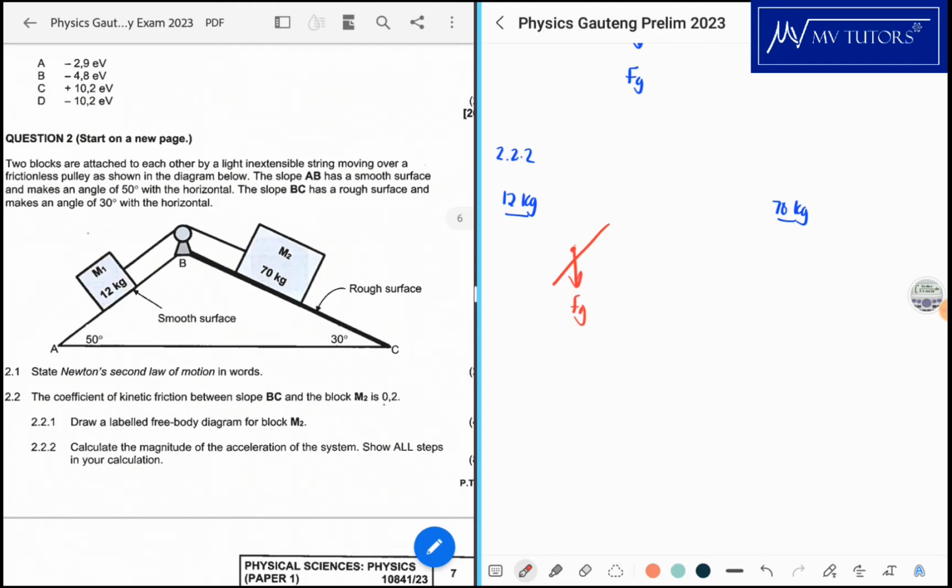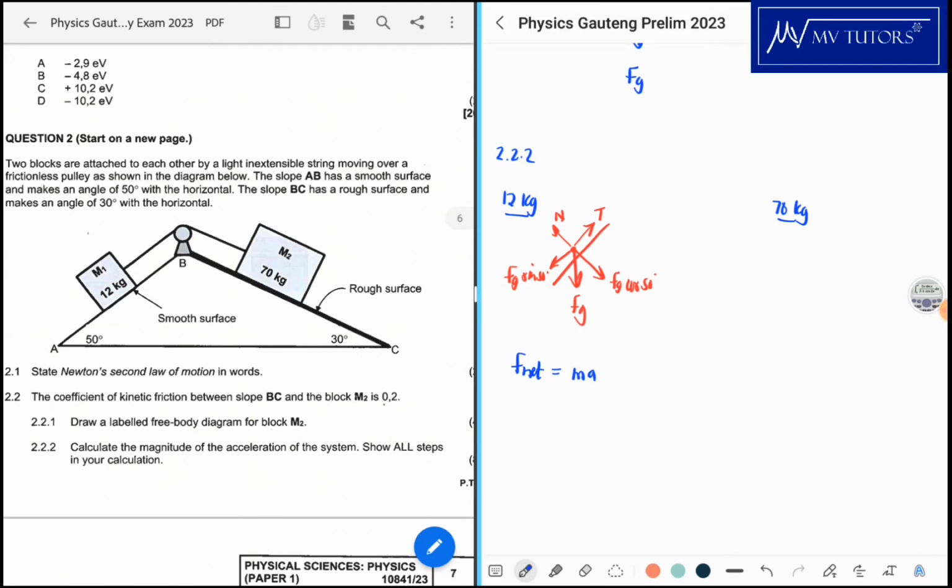So we have Fg, we have tension, we have the normal force, and that's basically Fg sine 50, and that's Fg cos 50. Okay, so just do it for yourself somewhere on your paper so that it makes things a little bit easier. So if we were to sum up the forces in the x direction, we would say the net force is equal to mass times acceleration. So what is the net force?